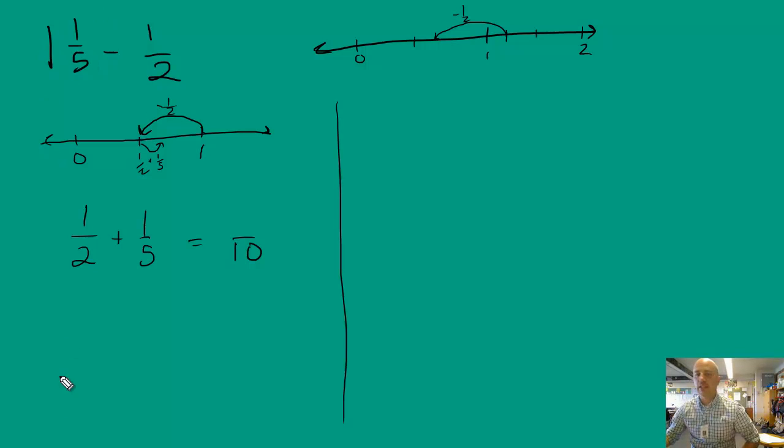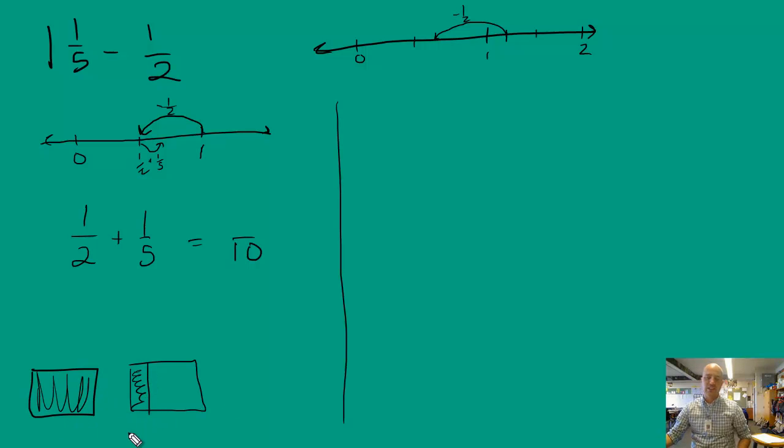What I want you to imagine is that I have a cake, and I have 1 and 1/5 of a cake. So I've got 1 and my 1/5 of a cake here. And let's say someone comes in and asks me for half a cake. I'm going to say, all right, rather than cutting up this and then cutting up this and giving you some of this cake, I'm just going to put this cake over here on the side.